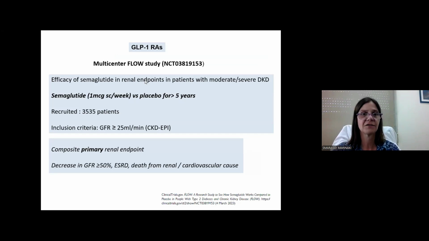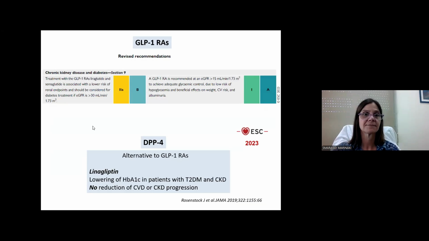For more than 5 years, patients were diabetic with GFR higher than 25 mL per minute, and as you can see, the composite primary renal endpoint was a hard endpoint: decrease in GFR more than 50%, ESRD, or death from renal and cardiovascular cause. The interim and final analysis are awaited, but as we can see, it was implemented in the guidelines already because we have seen the beneficial effect.